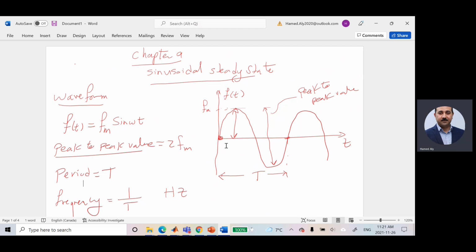Once I have converted everything in my circuit to phasor domain, I am going to solve my circuit in phasor domain, and I'm not going to see any differential equation.